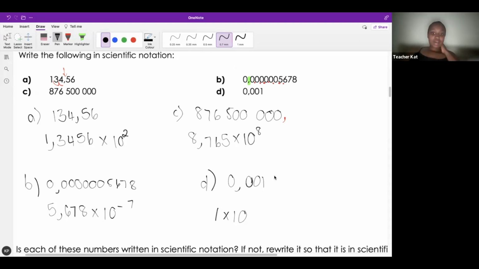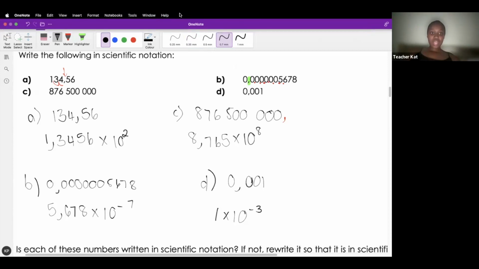Right, how many times? Three times. 1, 2, 3. And yes, it is a negative exponent. So it is 10 times 10 to the power of, excuse me, negative 3.